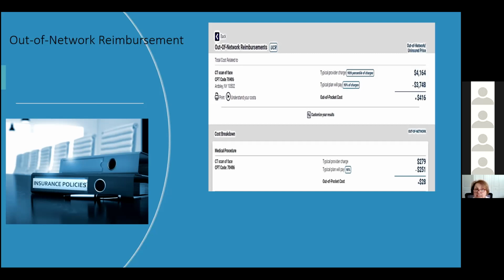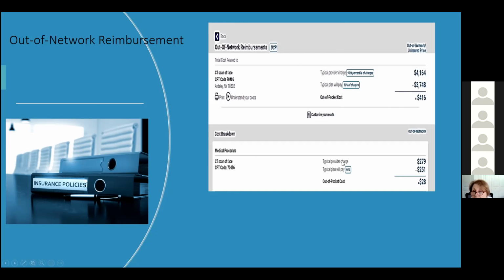And as you can see here, this one is an out-of-network doctor that performed the CBCT scan, and it gives you the typical charges of that as an out-of-network provider. So by taking it, you're receiving this amount of money in the 90th percentile. So the providers charge it at the top of the list, and the typical plan pays at that 90th percentile.